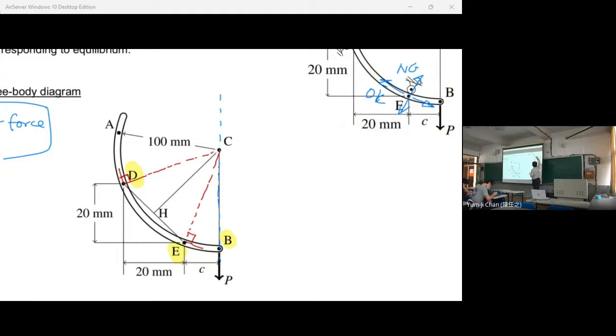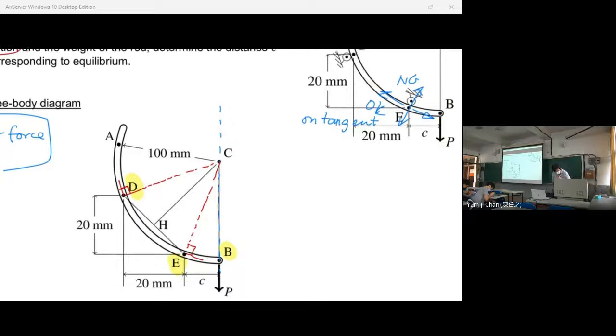This one is tangent and this one is normal.